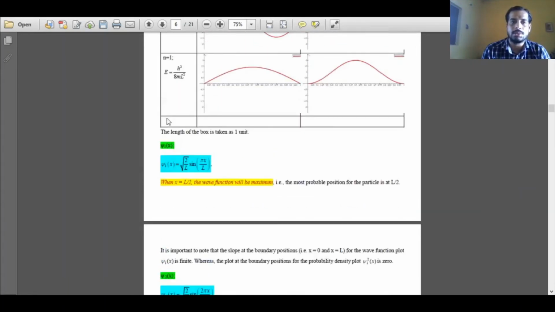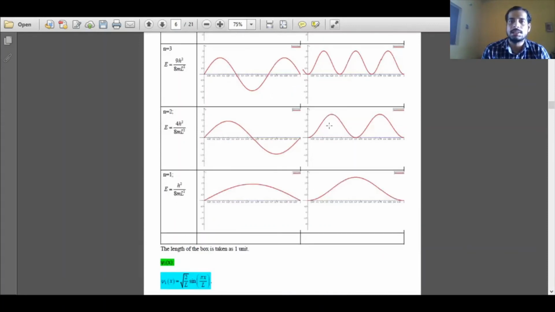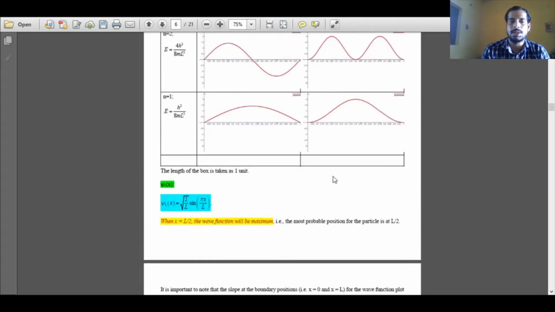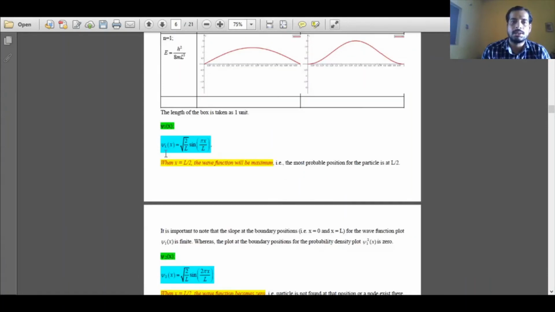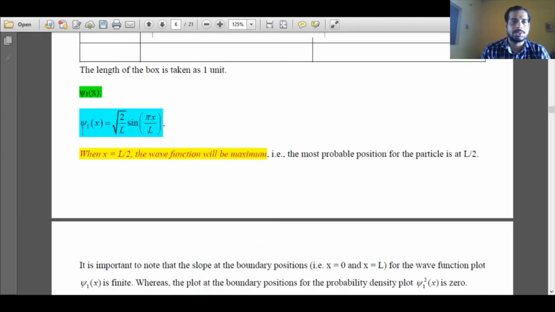To understand the wave functions, these are the wave functions, and the second column of graphs is the probability function, that is the square of the wave function. The wave function is root over 2 over L sine n pi x over L. For the first eigenstate, n is equal to 1.